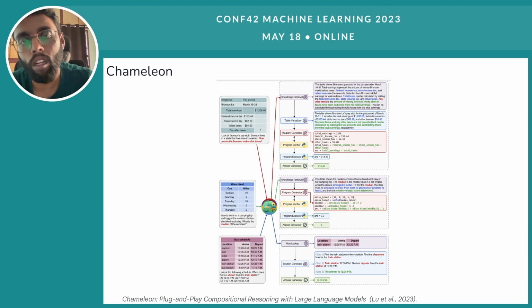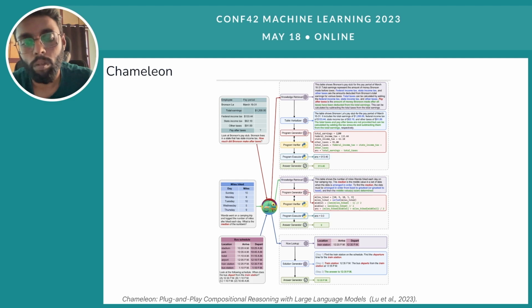Here the model again uses different tools, like the knowledge retriever to retrieve the knowledge it has related to the question, and then the table verbalizer to verbalize what is in the table, and all the calculation is offloaded to a Python program and interpreter. And then we have a program verifier, which verifies whether the program is correct, and then the program is executed and the answer is generated from it.